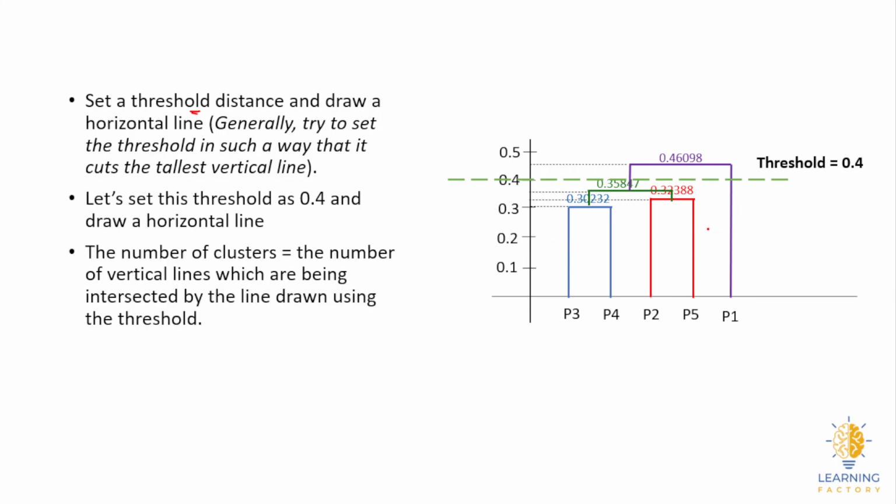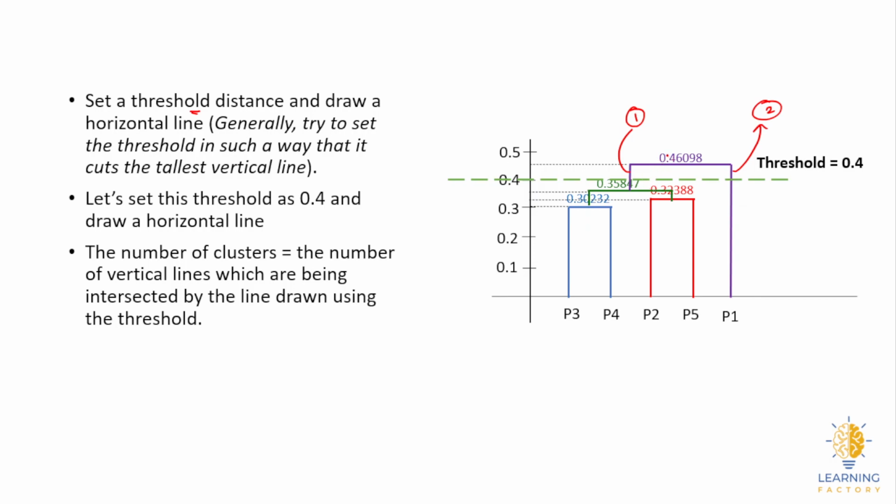So the number of clusters equal to the number of vertical lines which are being intersected by the line drawn using the threshold. So this horizontal line is intersecting these two vertical lines. This is 1 and this is 2. So these two lines are being intersected by this horizontal threshold line.